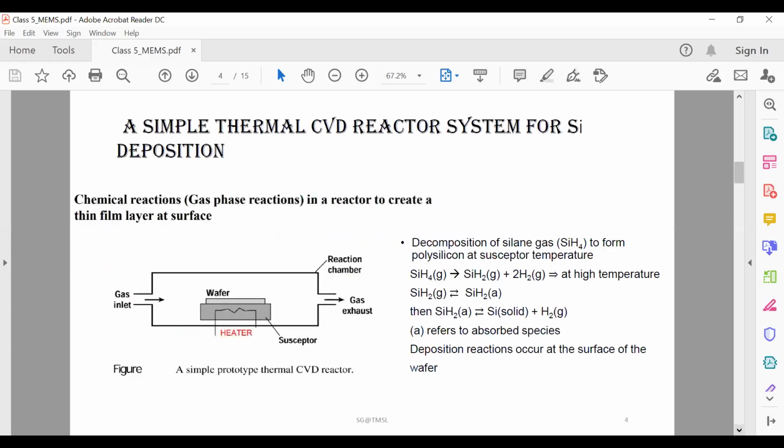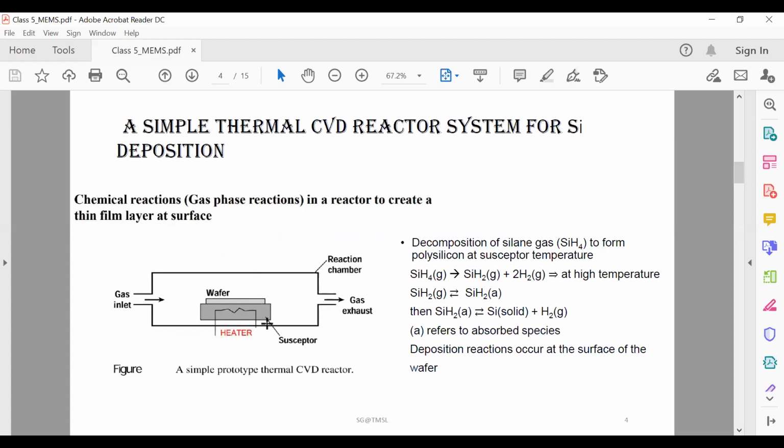Now this is a simple thermal CVD reactor system. This is the gas inlet. This is the susceptor on which the wafers are kept, and the susceptors are heated. Susceptor means the container of the silicon wafer.